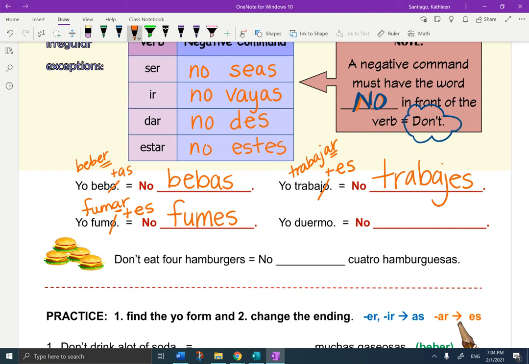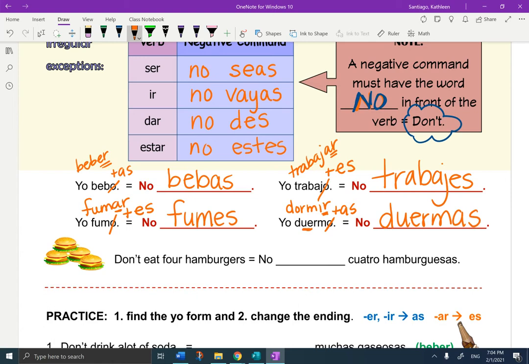AR, added the ES. Dormir, for duerme. You gotta know it's dormir because it's an IR verb. We went to the yo form, duermo. Notice we made the stem change. Opposite vowel and add an S. No duermas. Okay, don't sleep late.